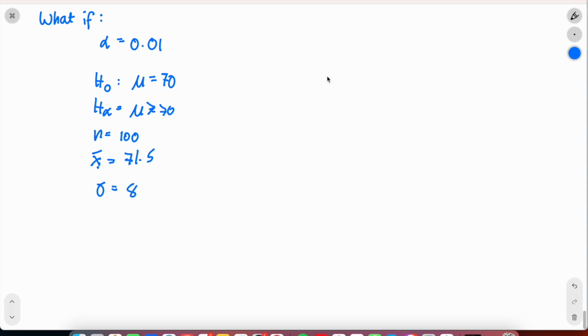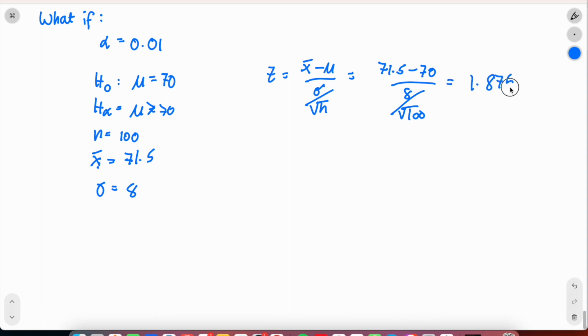Okay, so we know that z here is x bar minus mu over sigma over square root of n, and this is 71.5 minus 70 over 8 over square root of 100. The answer for this was 1.875.